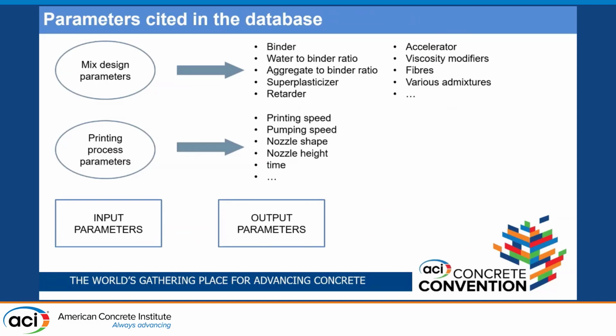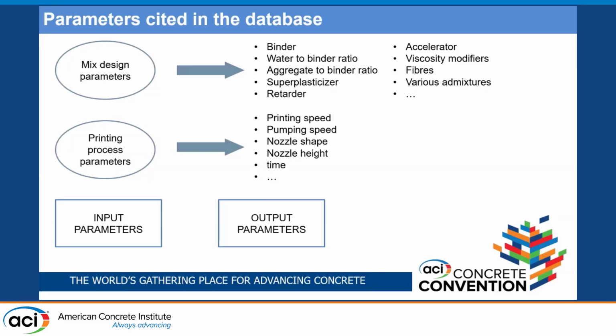These are some of the parameters involved in the papers in the literature, and I have to distinguish between mix design parameters and printing process parameters. The first are the classical components of concrete, such as binder, water-binder ratio, and the different admixtures.